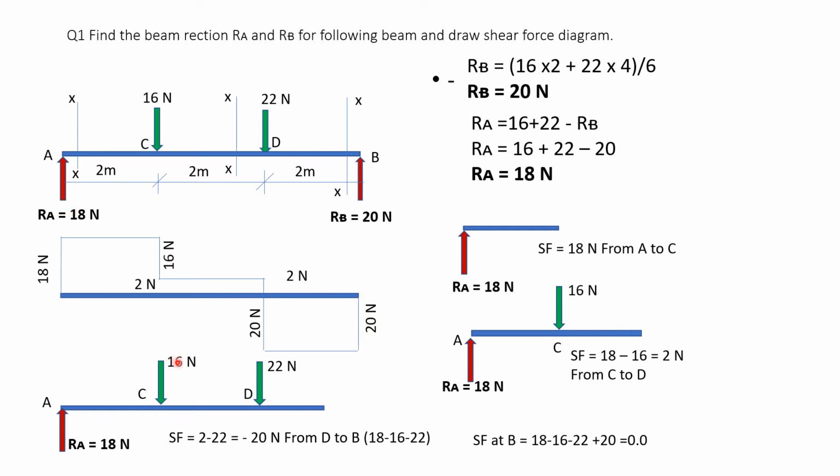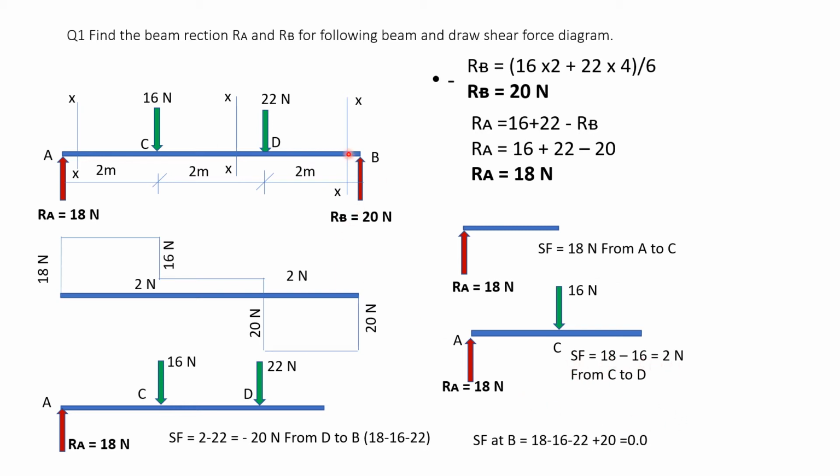But the question is, in the exam every time, will I show section XX between A and C, then draw this left hand side and do the calculation, then again take a section between C and D, draw the XX line, show the left hand side like this picture, and do the calculation 18 minus 16 is equal to 2.